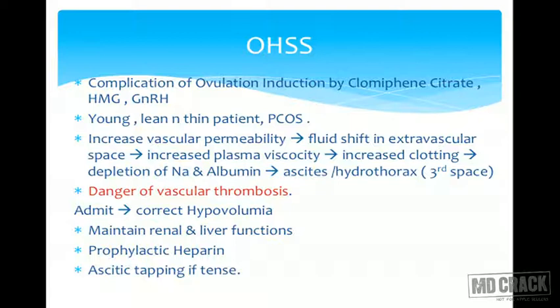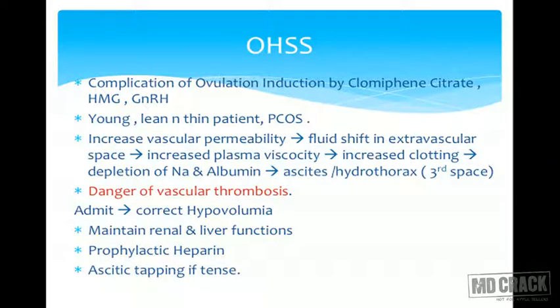Fluid shifts from the intravascular compartment to the extravascular compartment. It increases plasma viscosity and clotting, there is depletion of sodium and albumin, and there is accumulation of fluid in the third space, that is ascites, or there can be hydrothorax. Because of this, there is a hypercoagulable state and the danger of vascular thrombosis is very high.